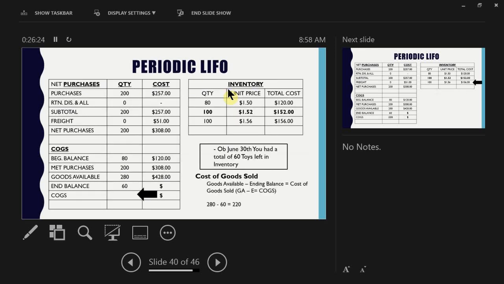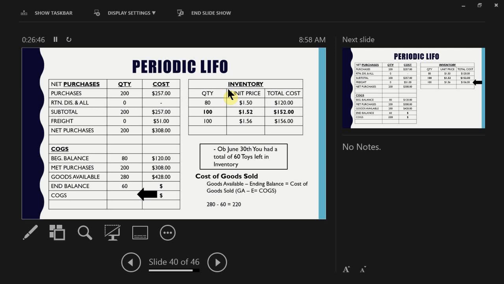Okay, and we're going to take those numbers and plug them right back into our worksheet down here. Of course, there are no returns or allowances, so at the end of the day, we're still looking at net purchases of 200 items at $308.